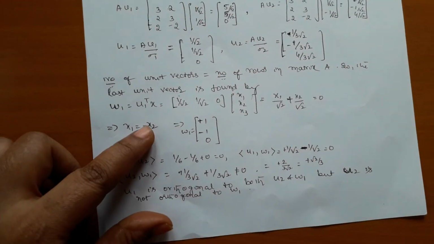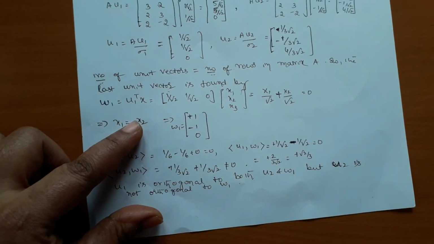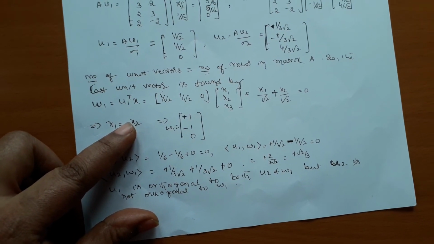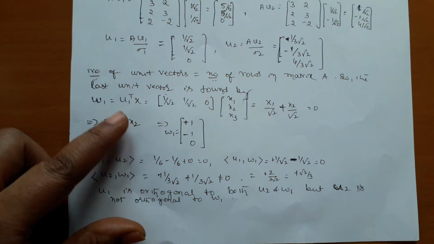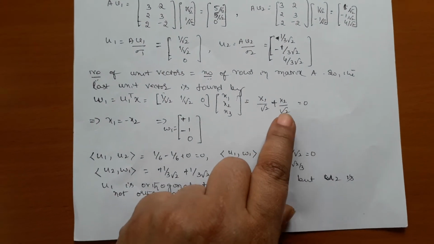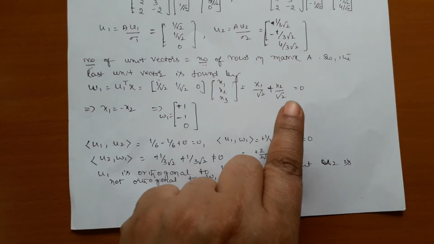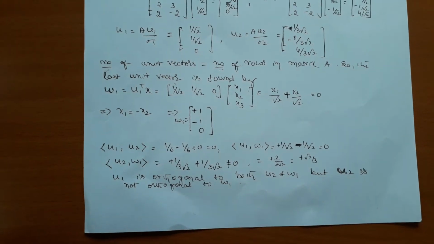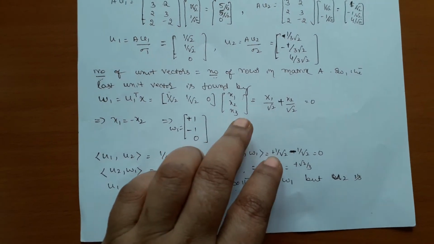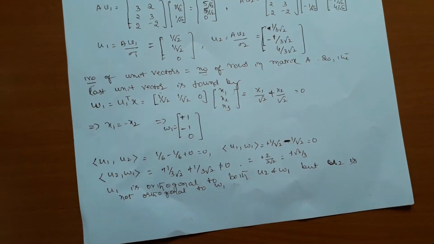We already used the concept u1 transpose x equals 0 in constrained optimization. Are you clear? Then write the equation and simplify, and we automatically get one of the eigenvectors. What is it? 1, minus 1, 0, because after simplification there is no x3, meaning 0.